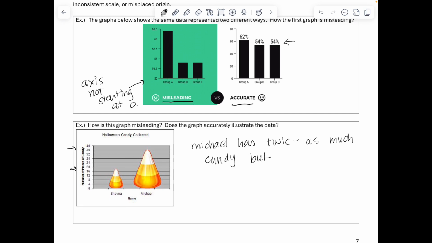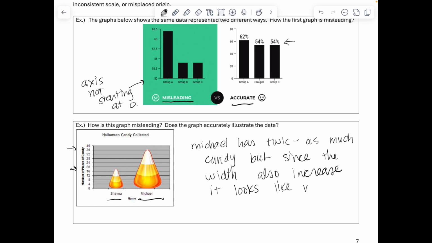But since the widths are also increasing, it looks like more. So you want to make sure your bars, it's candy corn in this representation, but the widths of those bars that you would use would be equal, and those heights just correspond to the frequency.